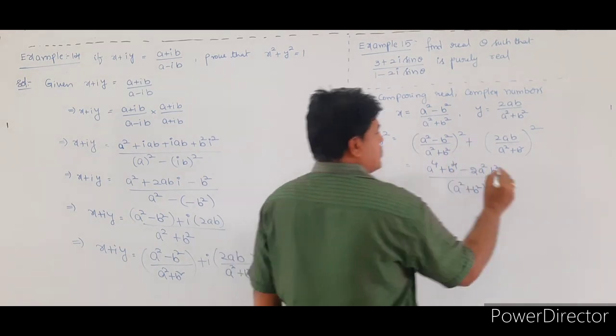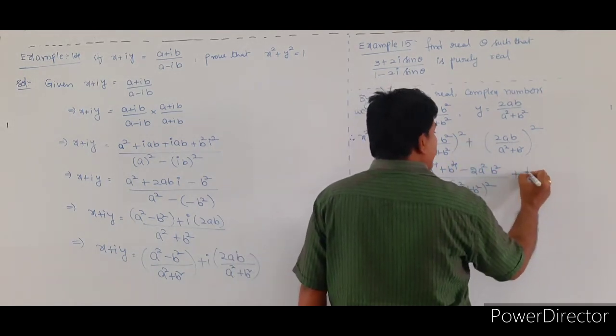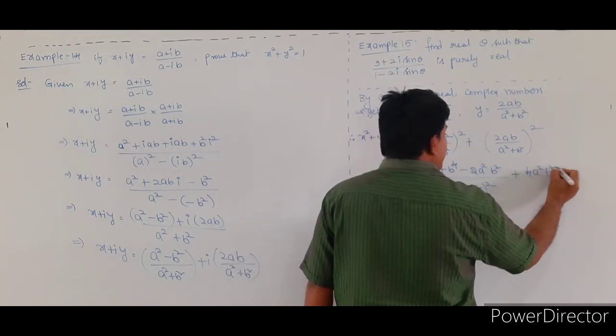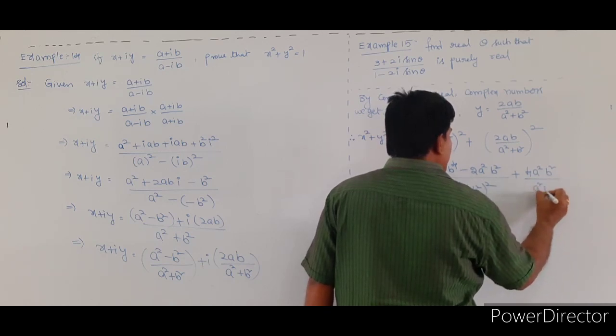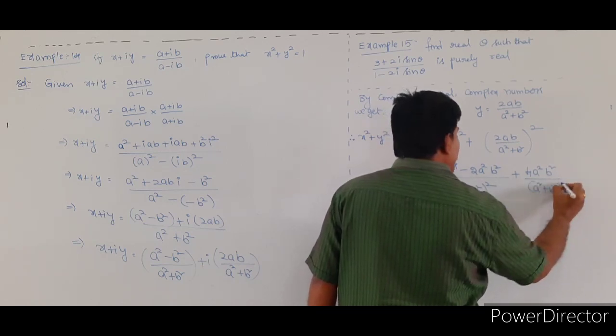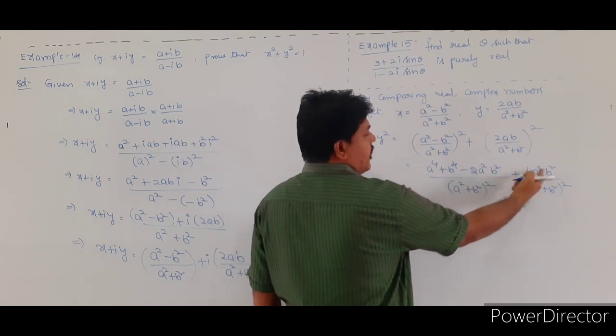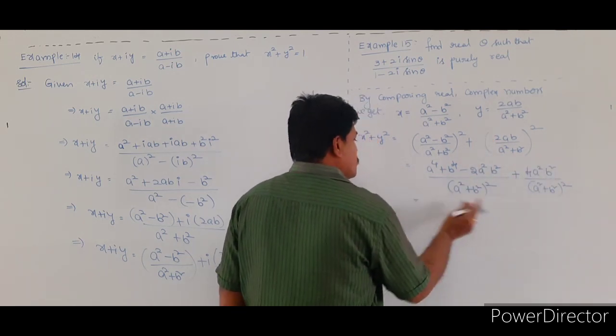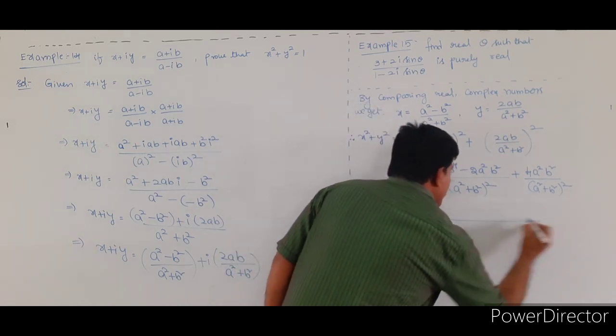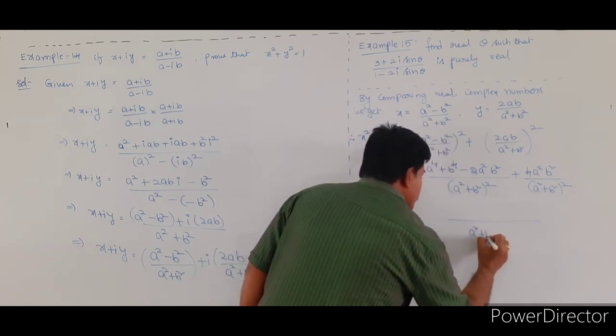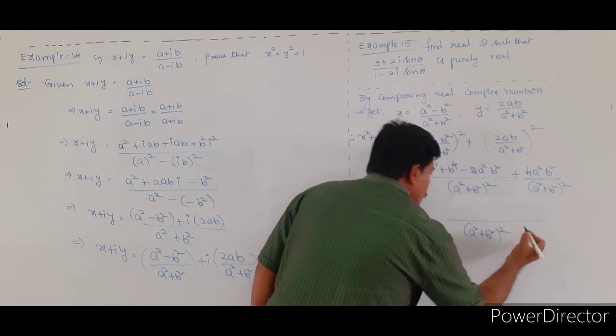So what is this term? That is nothing but 4 a square b square by a square plus b square whole square. Just take the square for the numerator, it will become 4a square b square. So what is the LCM? The LCM is nothing but a square plus b square whole square.